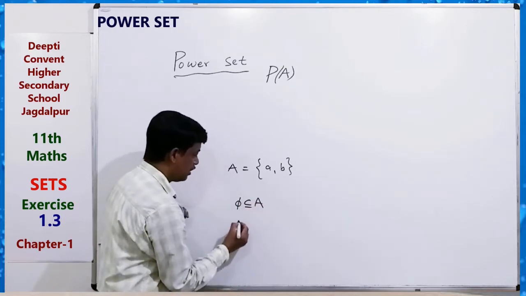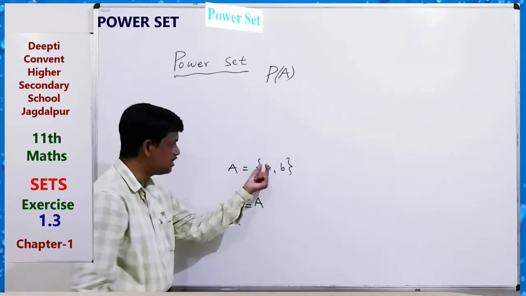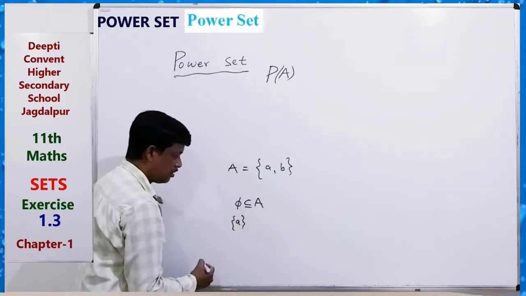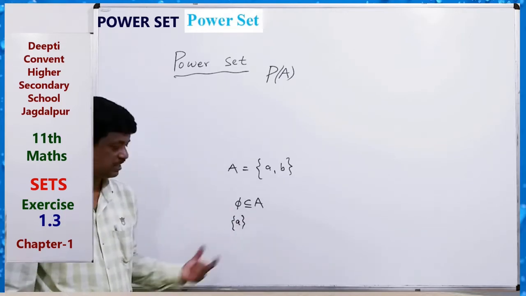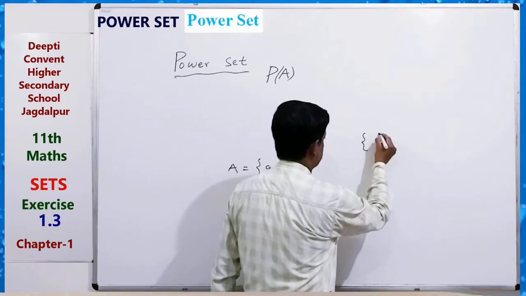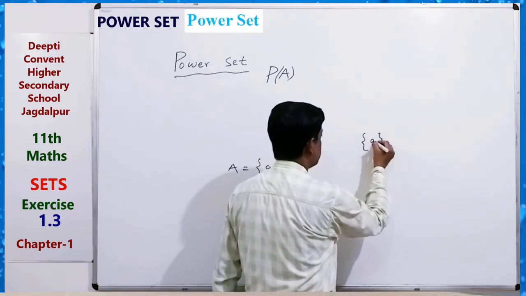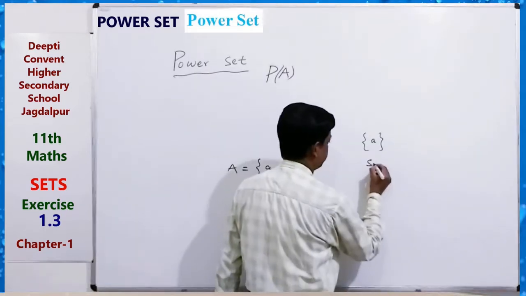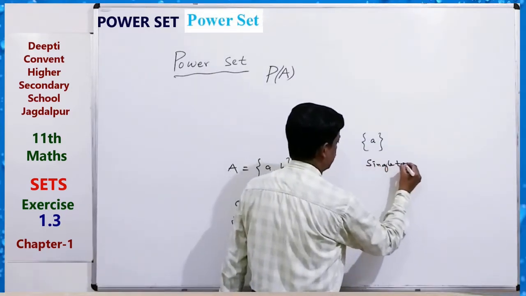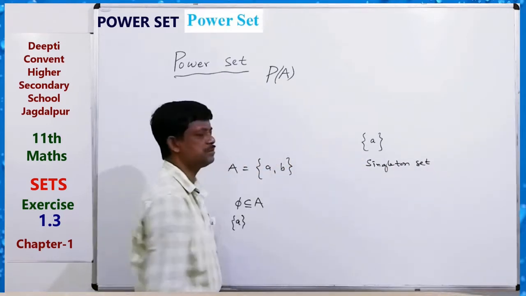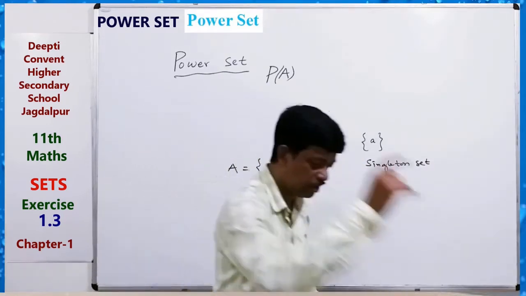And taking only a single element, we can make a singleton set. There is also a notation: a singleton set only contains a single element. Singleton set means only one element is there.